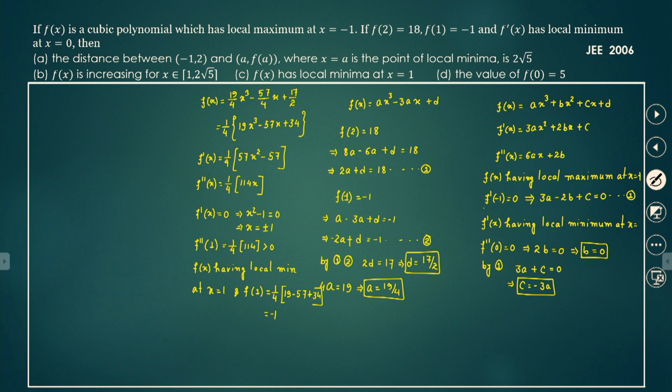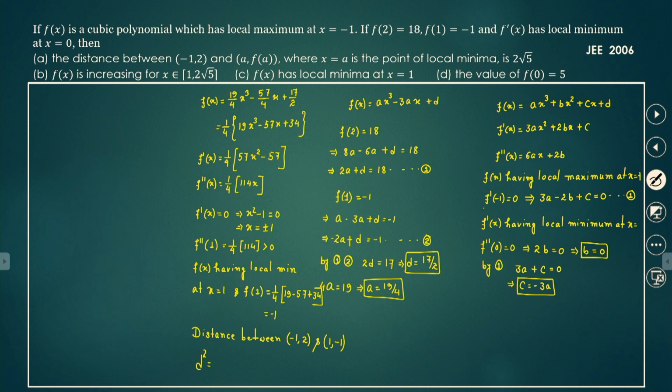So therefore, we are required to find the distance between minus 1, 2 and the other point 1, minus 1. Let the distance be d square.